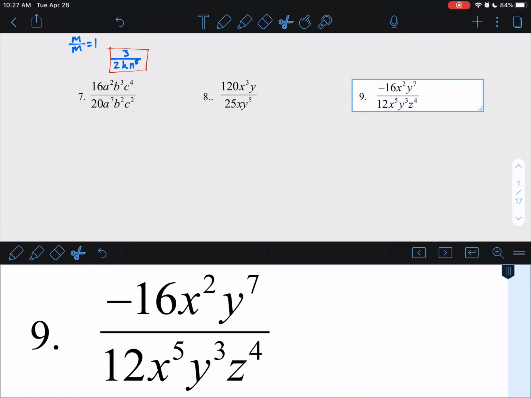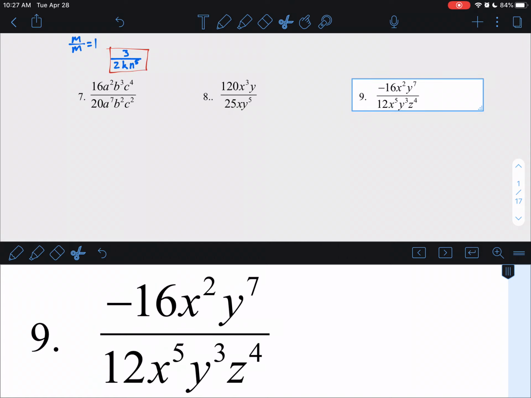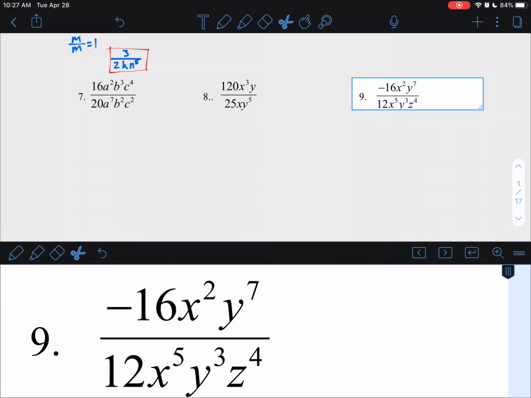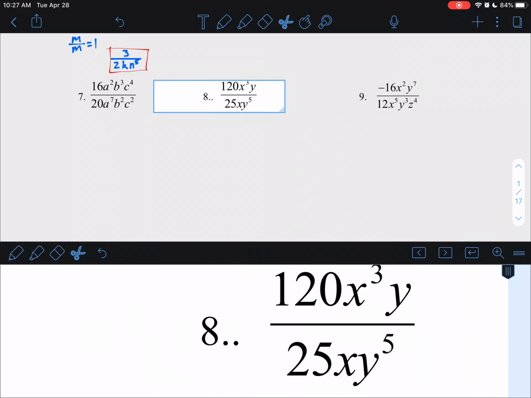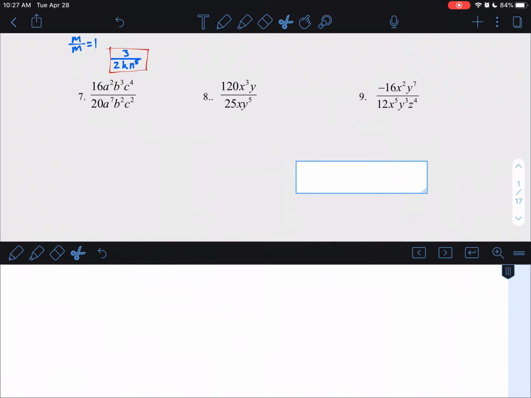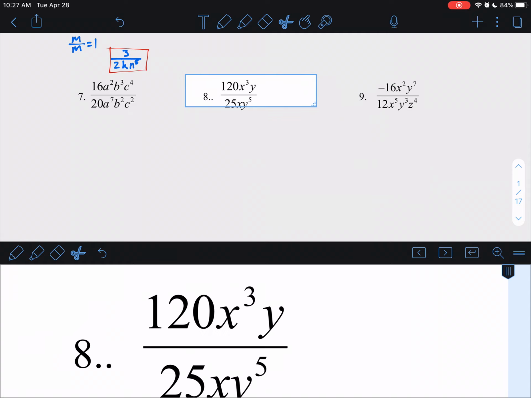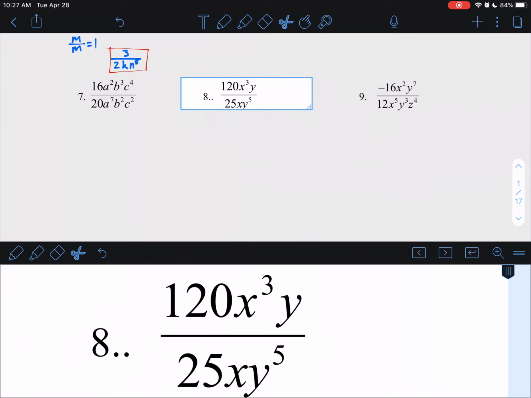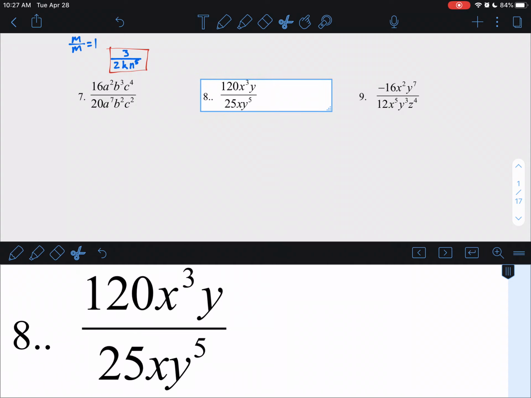No. No. I like 8 or 7. We're going to go with 8. Okay, so 120 x to the third y over 25 x y to the fifth.